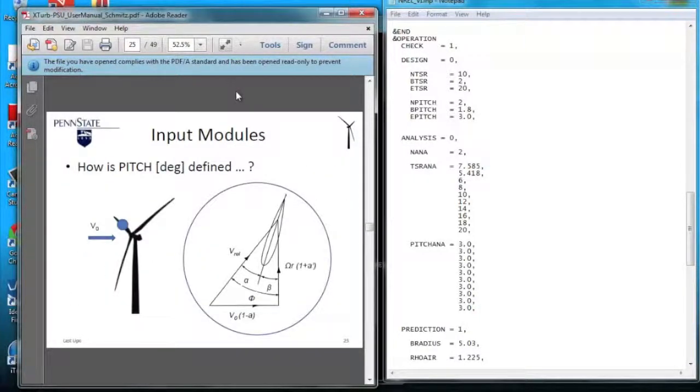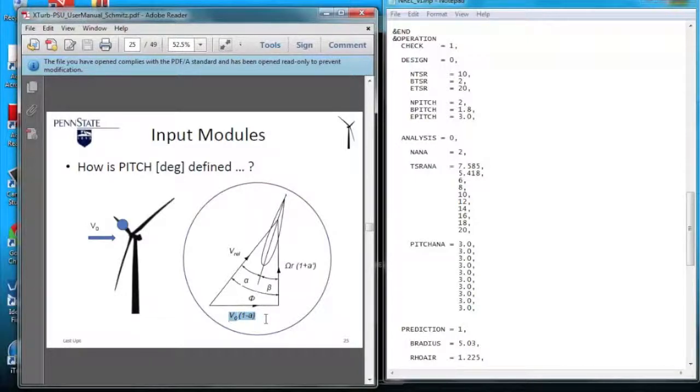So, I talked about blade pitch. How is the blade pitch angle defined? Let's recall for one moment the velocity triangle, where the wind is hitting the lower surface of the blade. Wind speed is here, V0, from left to right. However, we have induction because we're taking energy out.